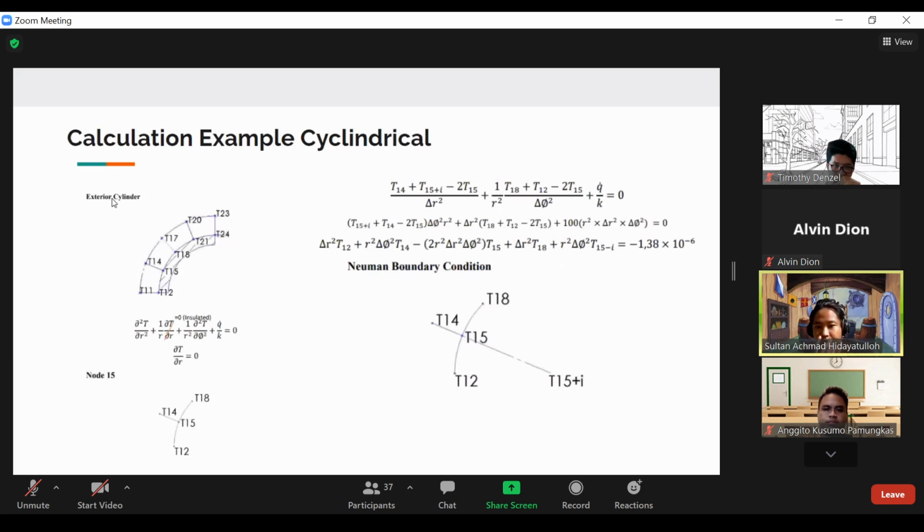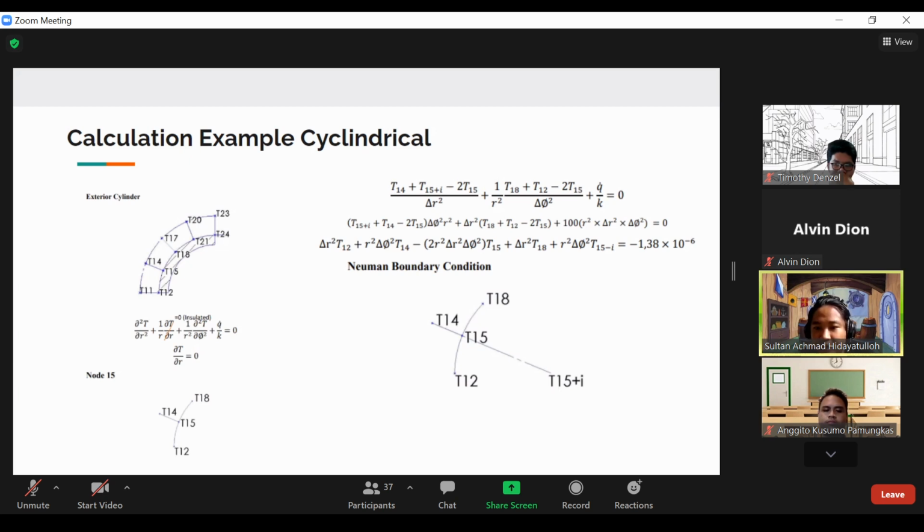And then this is a calculation for cylindrical, the example for cylindrical. The equation is right down below the figure. We took the exterior cylinder at node 40. No, this is interior. This is a calculation for an interior node, and we took the Laplace method, the central scheme Laplace method.